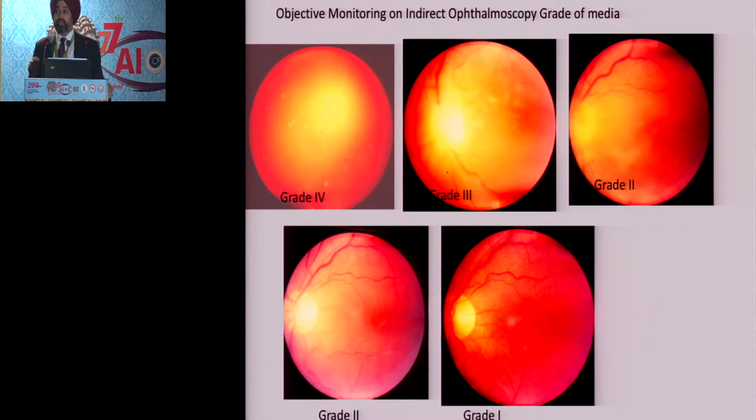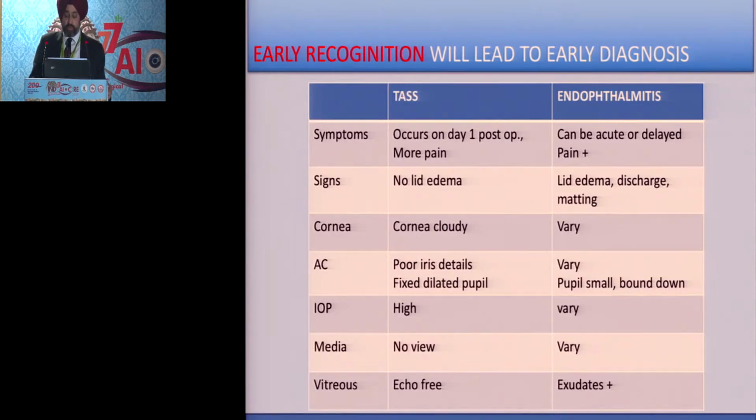This is the optometrist's job, to see whether the red glow is there or not. We have to put a 90D or indirect on the head and tell if it is more than the red glow. So you have to tell which kind of media clarity is there, because in every infectious disease, the media clarity will go down in this patient.